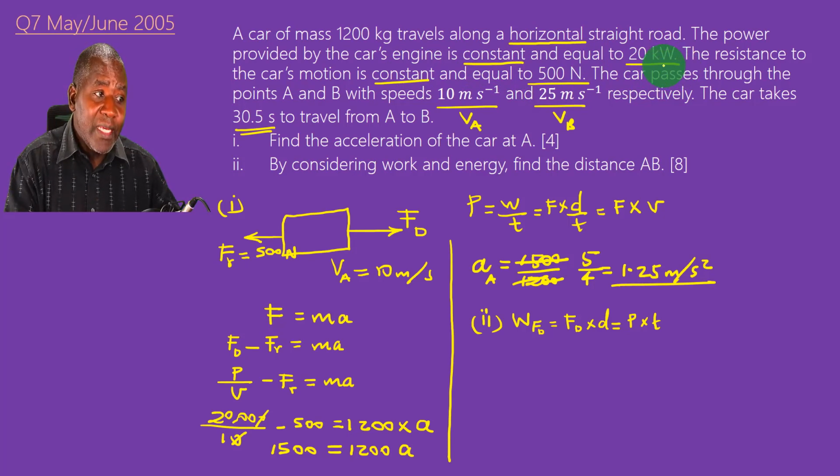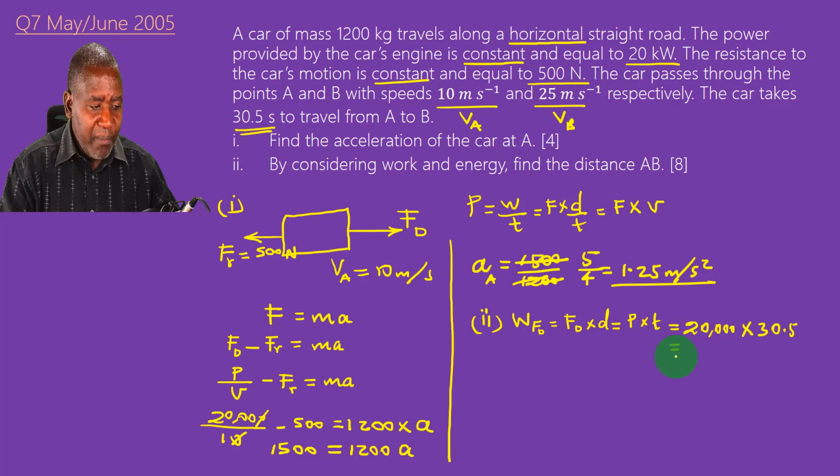So all I need is the time for which this power was exerted, and I can get the work done by that engine. I just need to multiply it by the time that is given, 30.5.